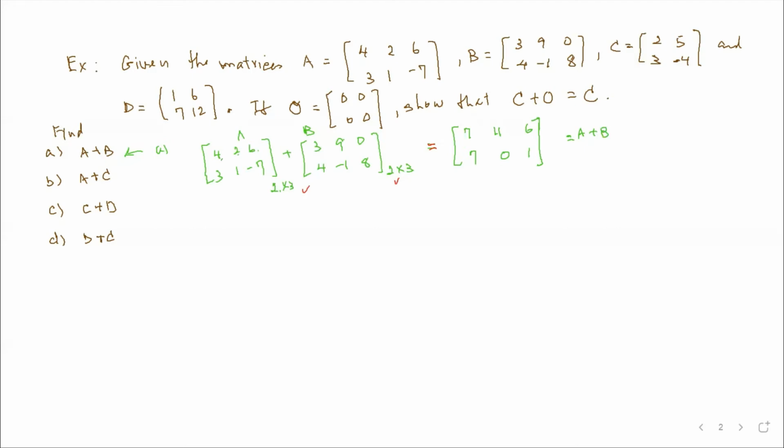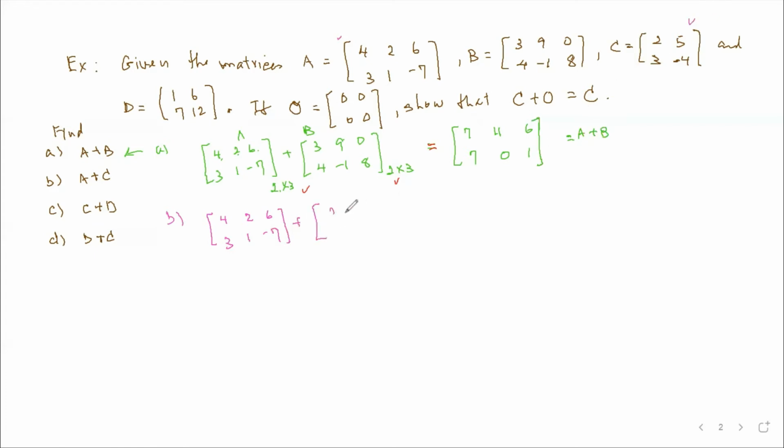Okay, and then do question B. See question B, if you do matrix A plus C, take a look. A is what? You write down the matrix A. Matrix A we have 4, 2, 6, 3, 1, -7. This is matrix A plus matrix C. C is this one, right?